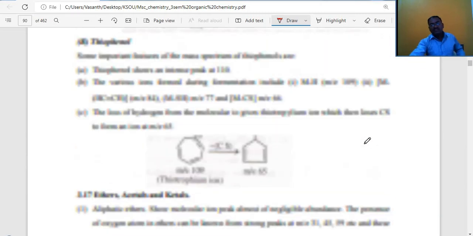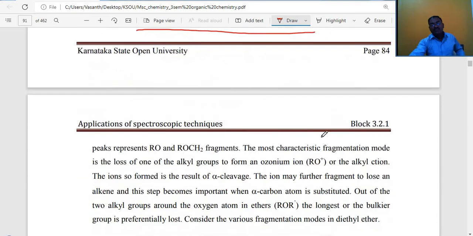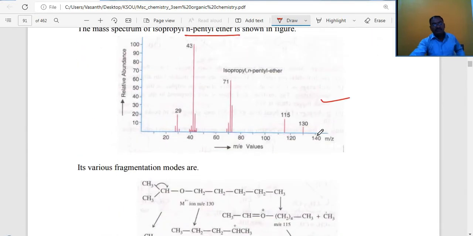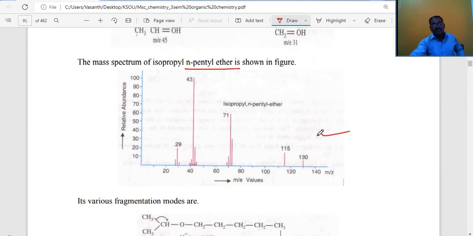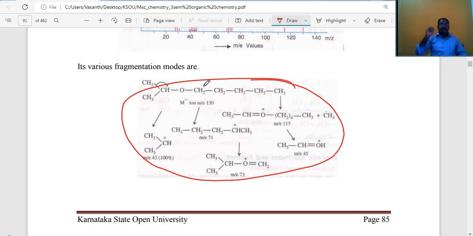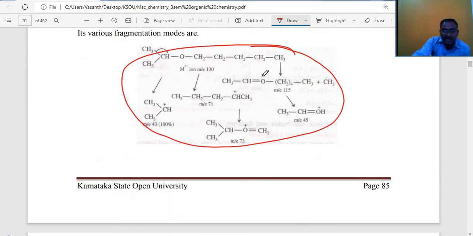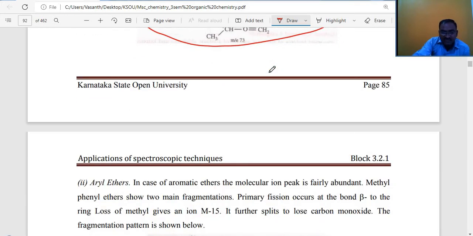What are the greatest peaks here? The peaks are 31, 45, 59. The various fragmentation modes of this molecule, n-pentyl ether, are written here.